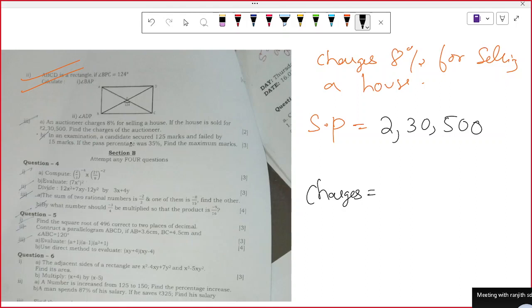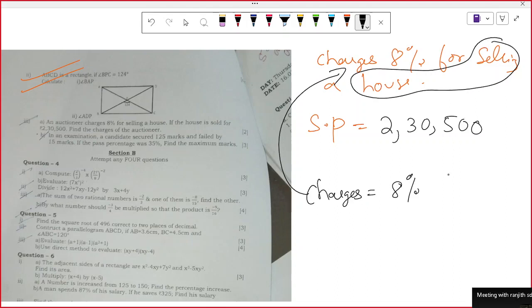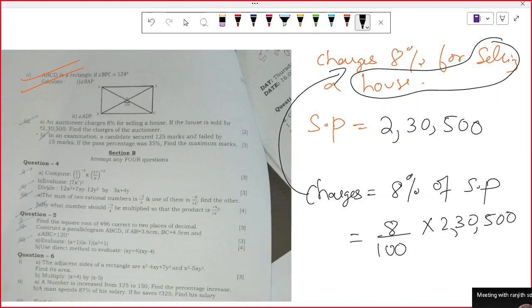Find the charges of the auctioneer. What is the charge given here? 8% of the selling price. So the charge is 8%. Out of the selling price, the auctioneer takes 8%. So how do you write 8% as a fraction? 8 divided by 100 into 2,30,500.